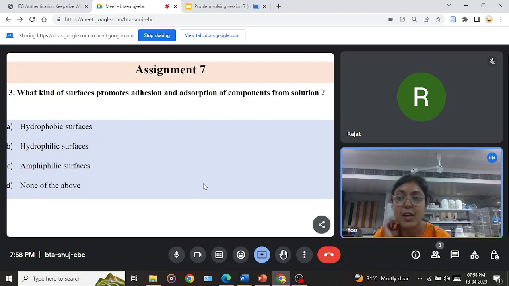Options are A, hydrophobic surfaces, B, hydrophilic surfaces, C, amphiphilic surfaces, or D, none of the above. Amphiphilic surfaces are those which have both hydrophobic as well as hydrophilic ends, or are both hydrophobic and hydrophilic in nature. So I have to tell which kind of surface promotes the adhesion and adsorption.